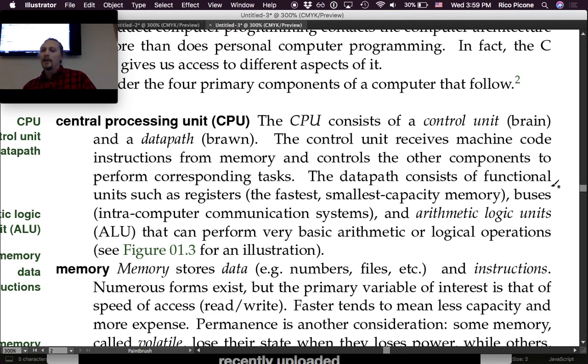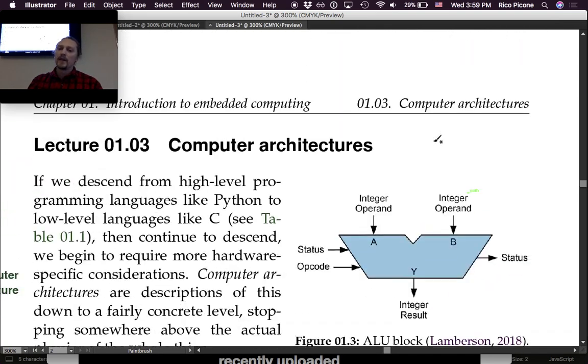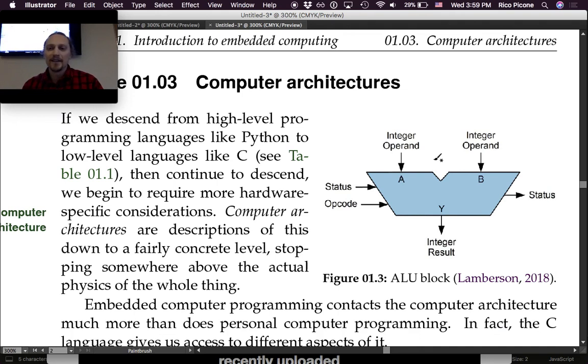And arithmetic logic units, ALUs, that can perform very basic arithmetic and logical operations. Figure 1.3 gives us an illustration of an ALU. What an ALU actually is, it's a circuit, and you give it a couple things, and it gives you a couple things.